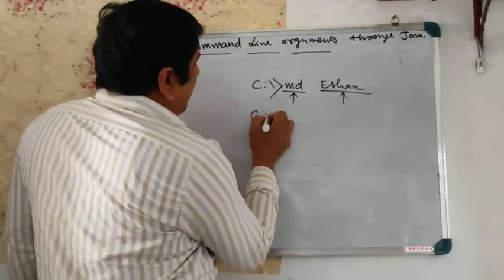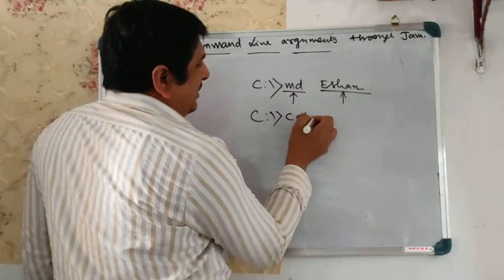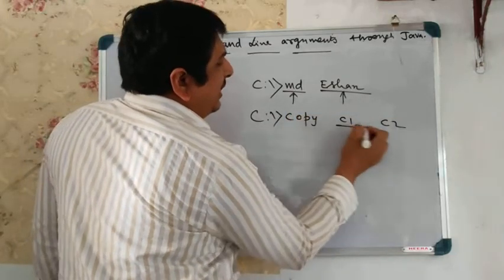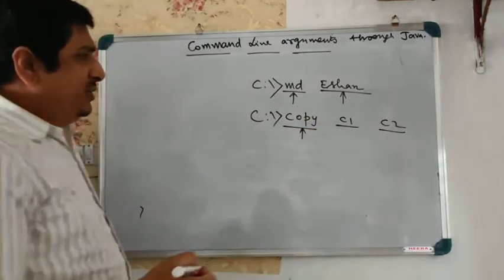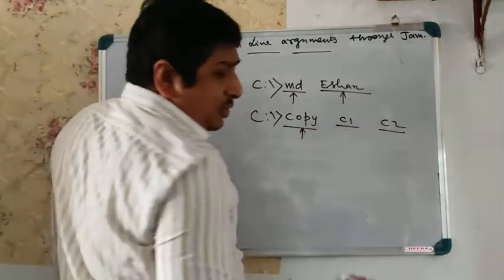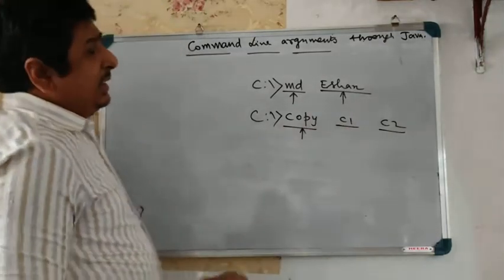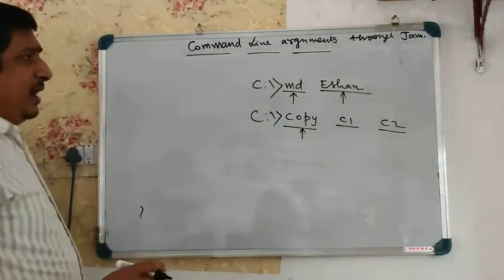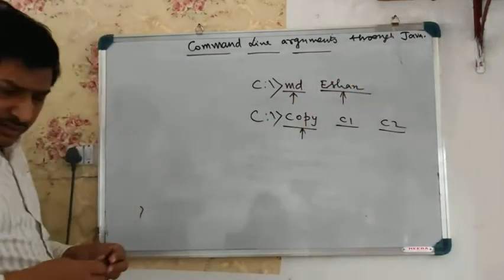You can even write a command like copy C1, C2. Here there are two arguments, and this is the name of the program which takes two arguments. So you can also write a program where you can give multiple inputs to your program. Now let's see how we can do this.